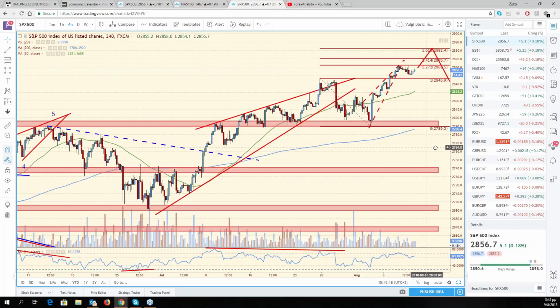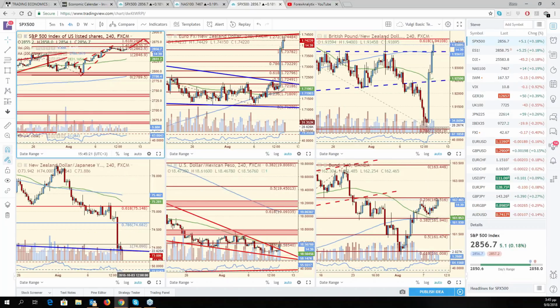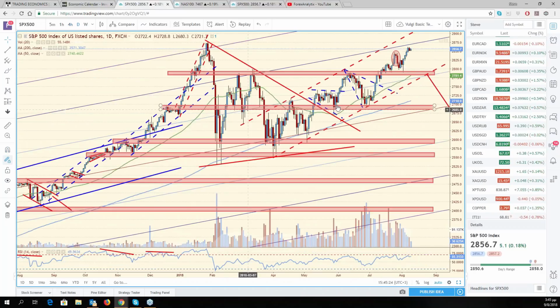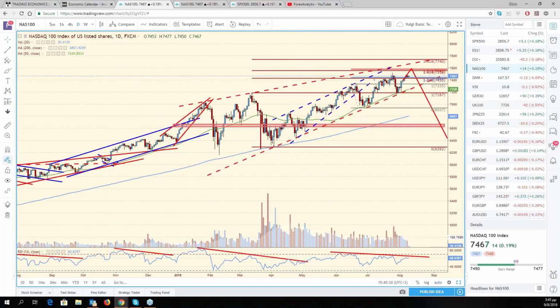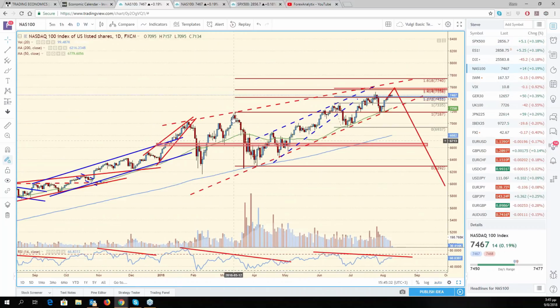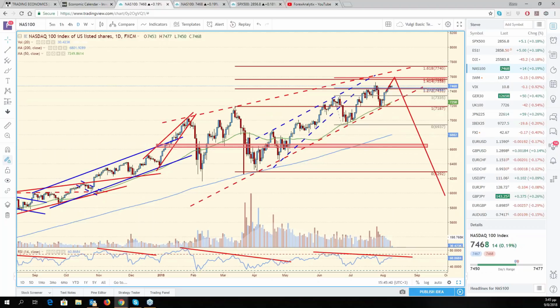Also, if we go back to the daily and we go to the Nasdaq, you'll remember that I was viewing the Nasdaq as a potential ascending wedge from quite early on, when we were somewhere there. This tells me here that sure, it might have more upside as well.